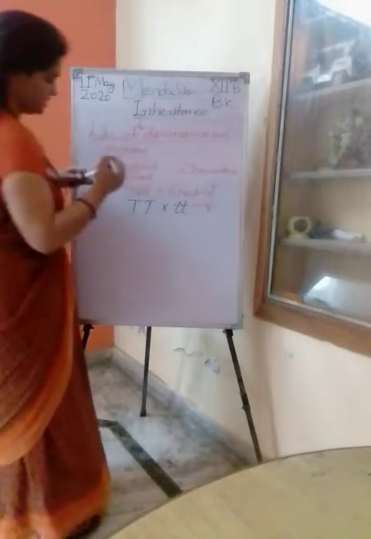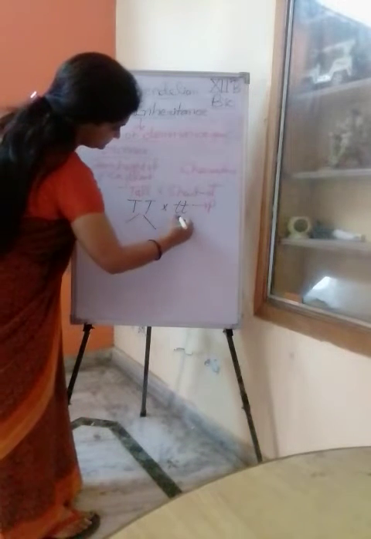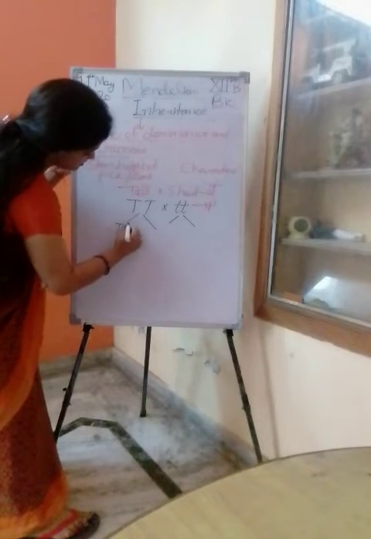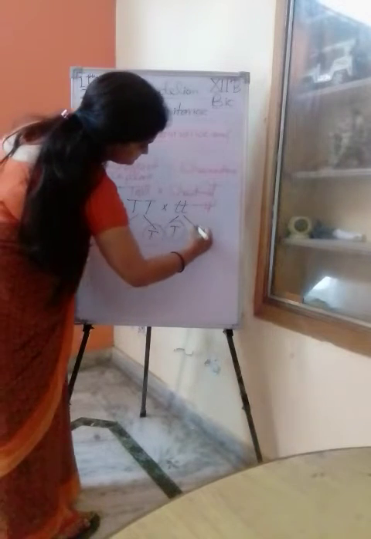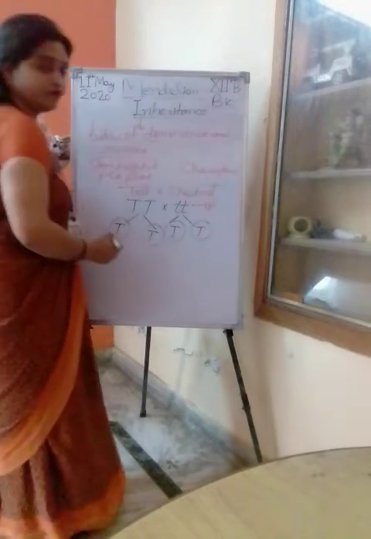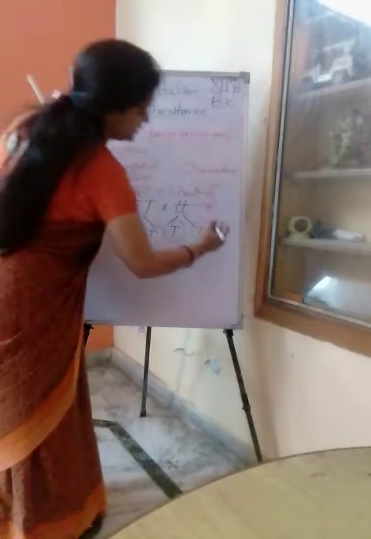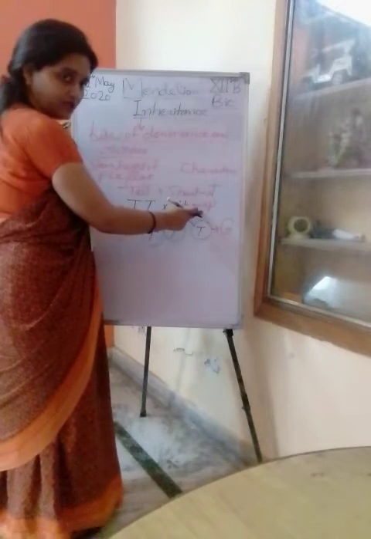Tall and short. Now, how can you separate the gametes? What are gametes? The germ cells of the male and female parts are called gametes. How can you write it? In short form, G. G for gametes, P for parents.